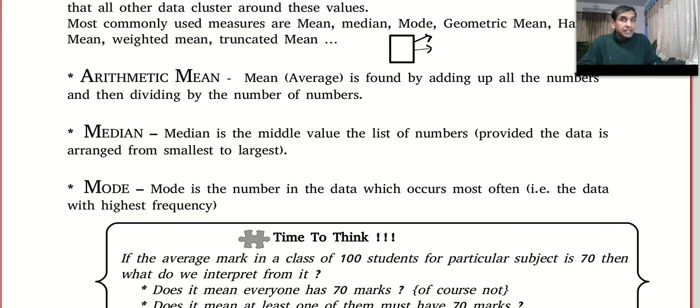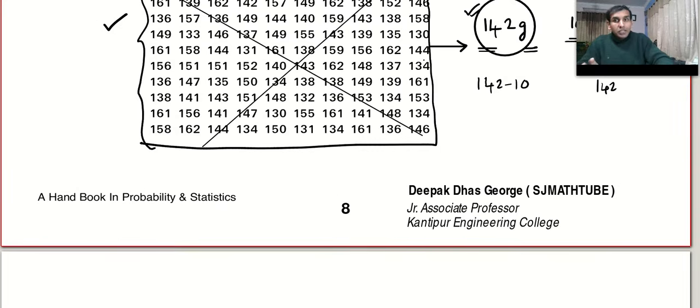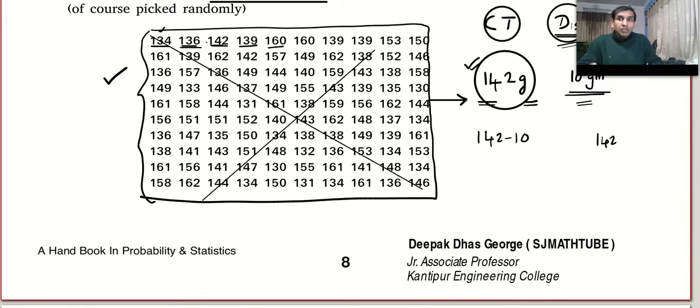Some are very easy, some are a little bit difficult, some are extremely difficult. And the problem starts because we are not able to understand anything from the data values. When you have 1 million numbers or maybe 1000 numbers, you will not be able to understand anything from those numbers. So we want some sensible numbers which can talk about the data. And those numbers are called statistical measures.